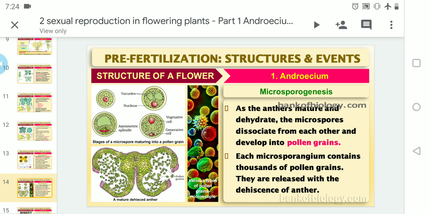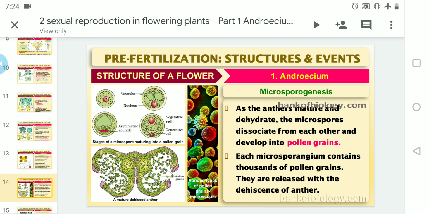One mark questions can also be asked, how these pollen grains dehydrate. So as the anther matures and dehydrates, the microspores dissociate from each other and develop into pollen grains. You can see the structure also, the developmental stages of the microspore maturing into pollen grains one by one.